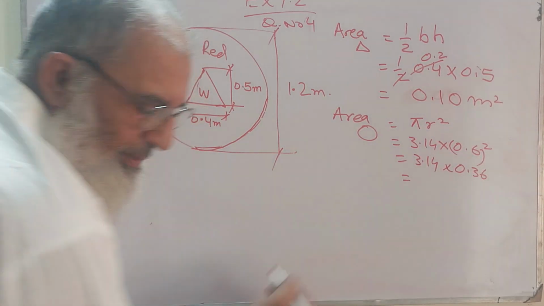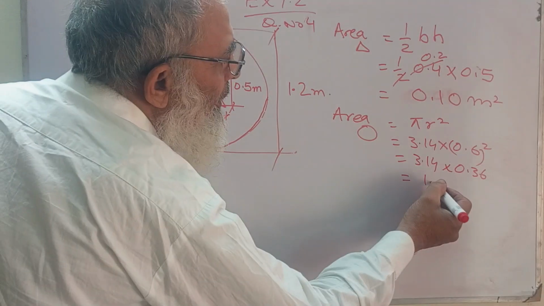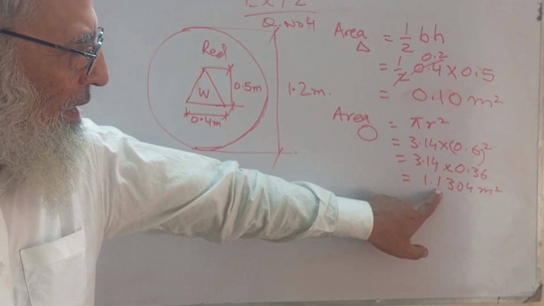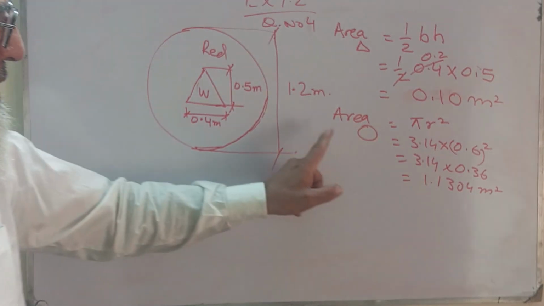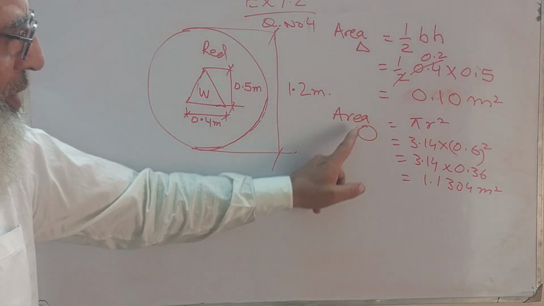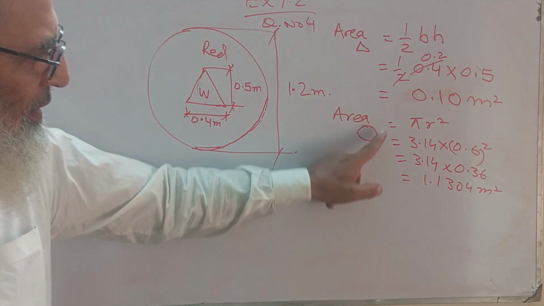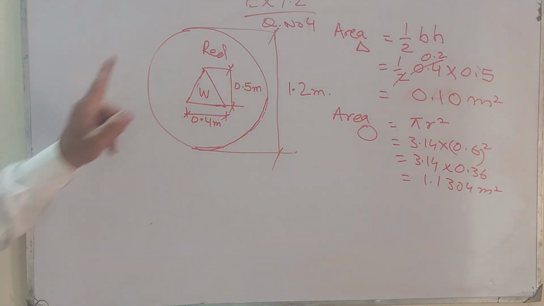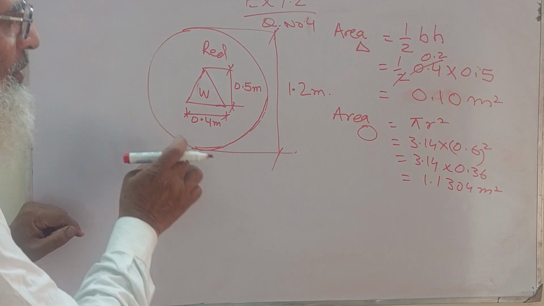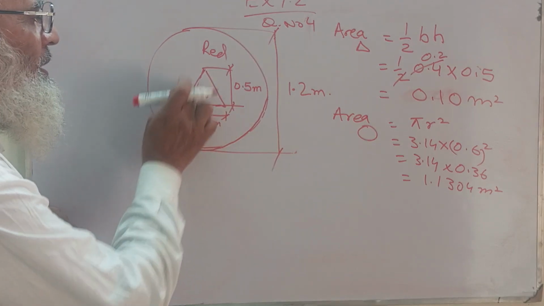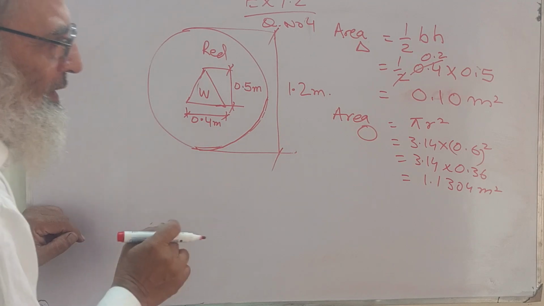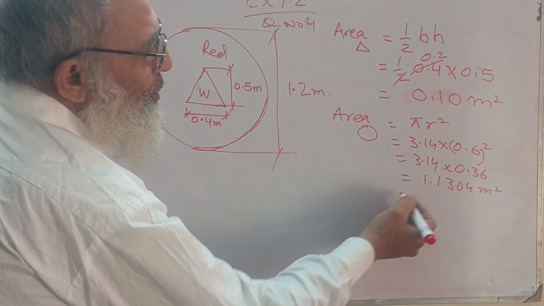Now this will become 1.13. Now you see that this area is of the whole circle. But we have to exclude this area because this area will be painted white.